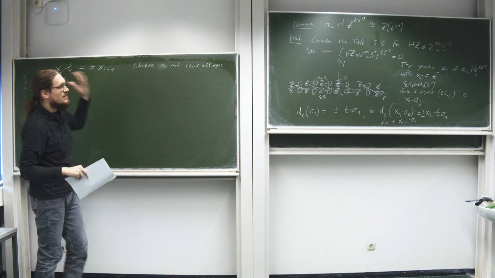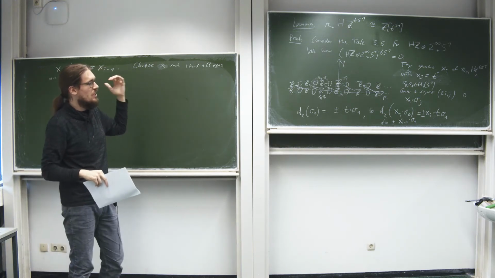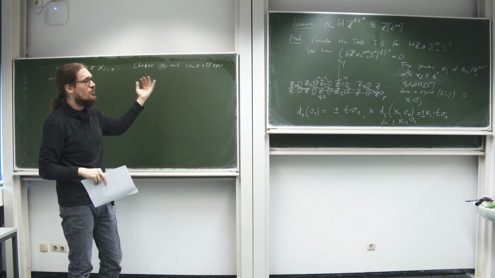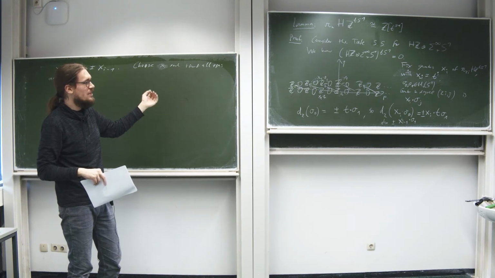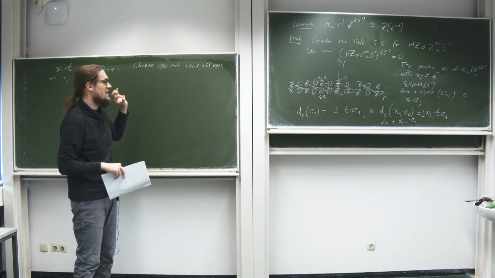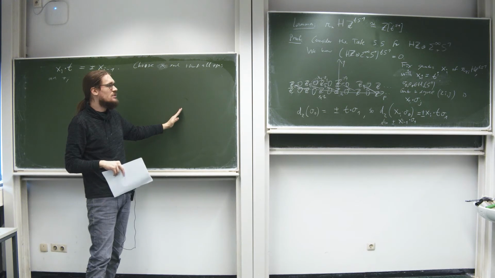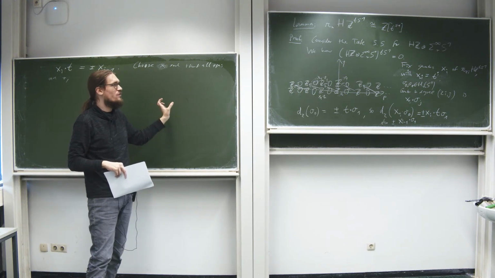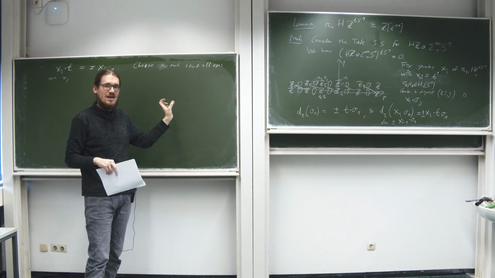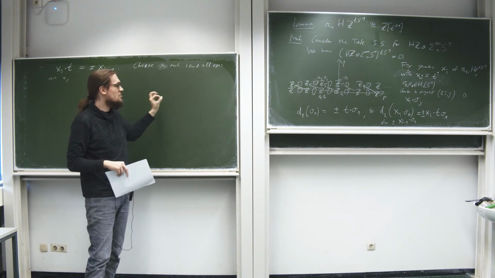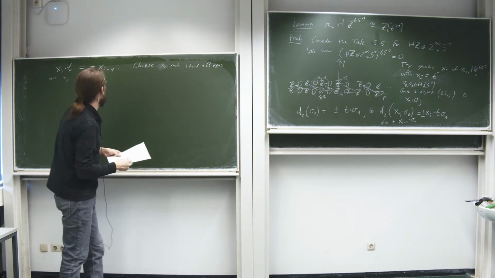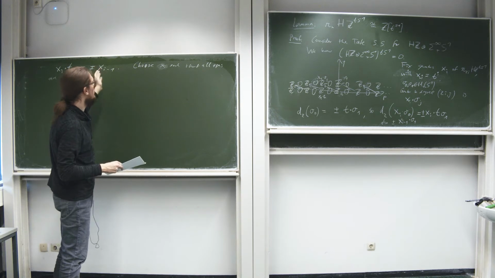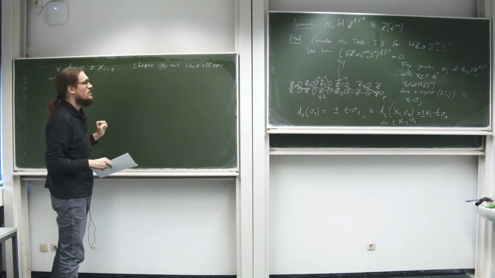Well, you have some ring which, as a graded abelian group, is free on these generators xi, and it's also a module over the polynomial ring in T in such a way that multiplication with T takes one generator to the previous one.